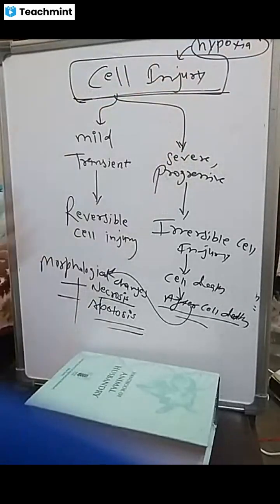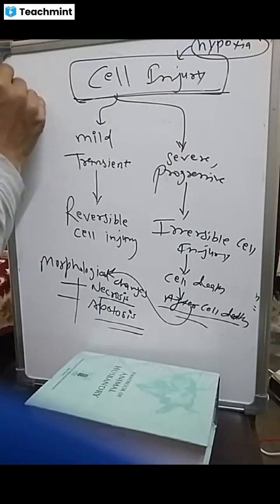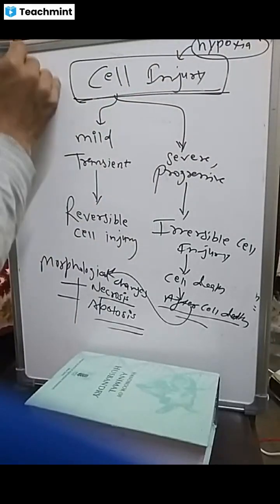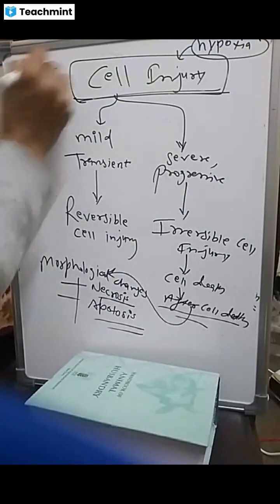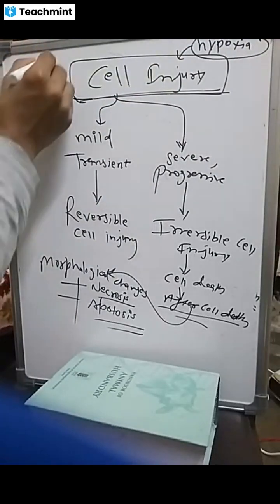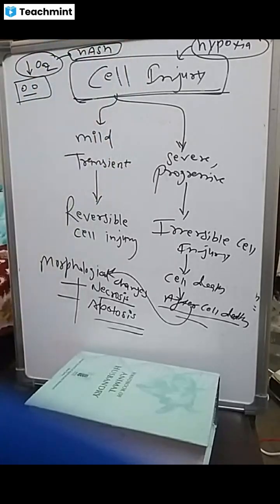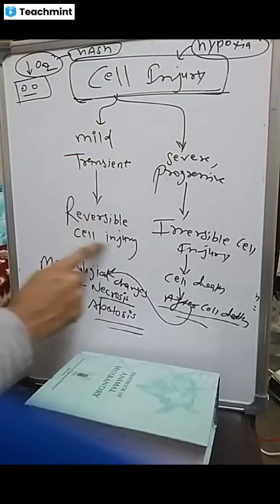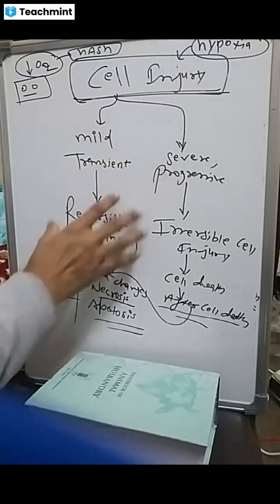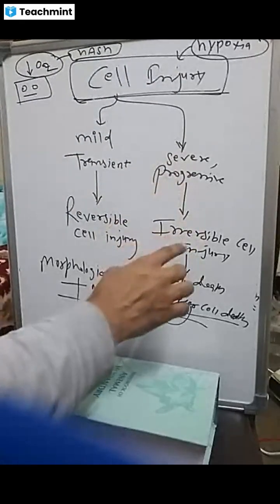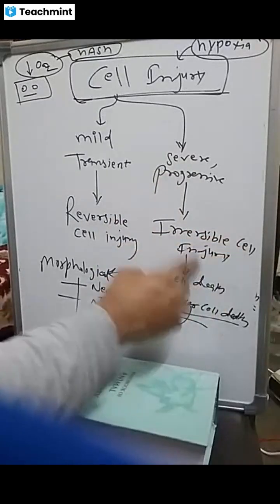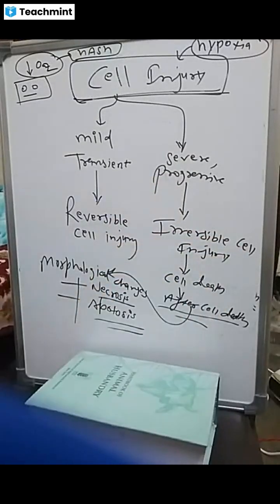The common cause of cell injury is hypoxia, that is, getting less oxygen. Why? Because of those four reasons. If the cell injury is mild and transient, it is called reversible cell injury. And if it is severe, it is called irreversible, and that may lead to cell death.